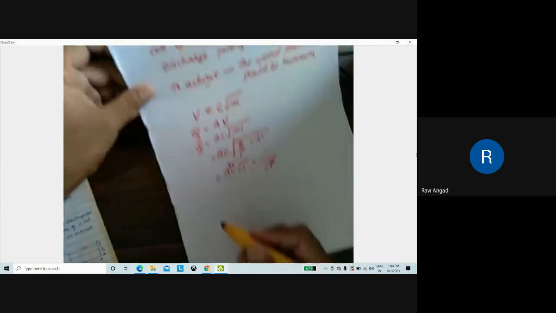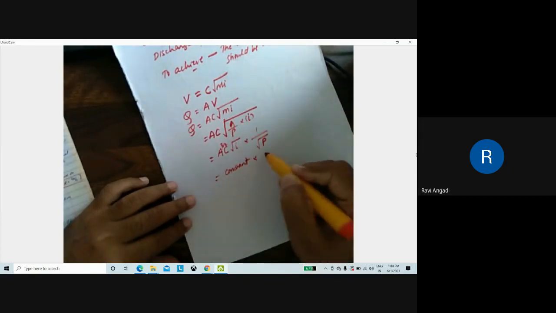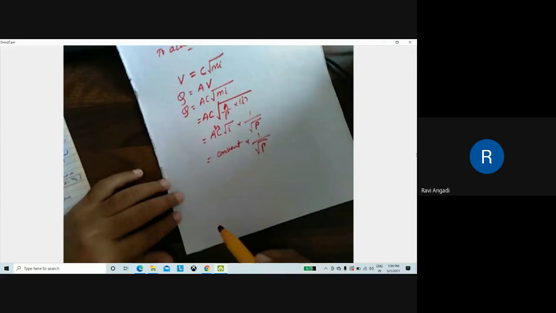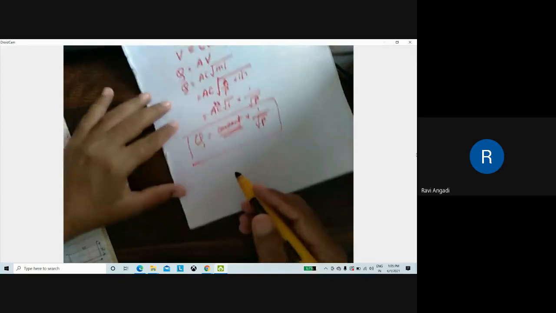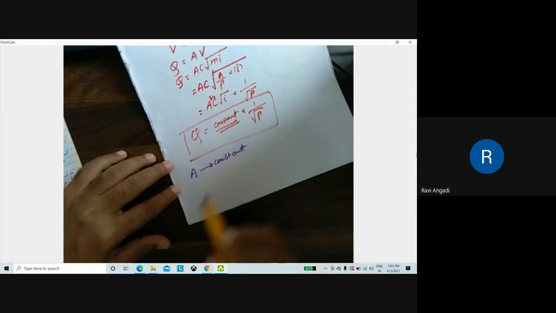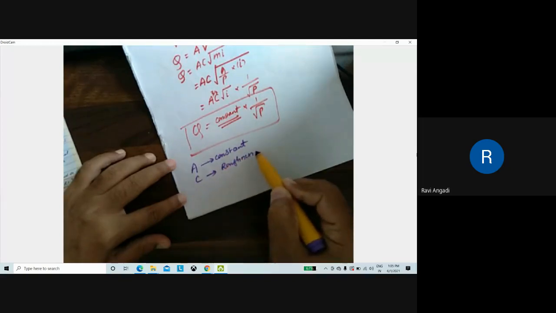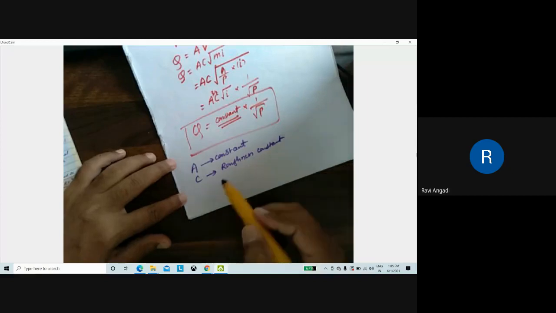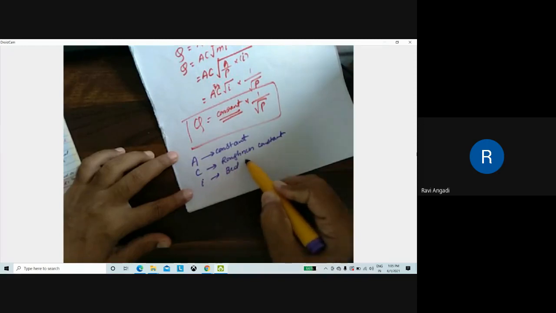Then I'll write here, this is a constant into 1 by root of P. I hope you understood this one, all of you. So when I'm writing it is a constant, which all terms are constant? Area is constant, keeping cross-sectional area constant. C means roughness of the surface, constant. Then I means bed slope, constant.